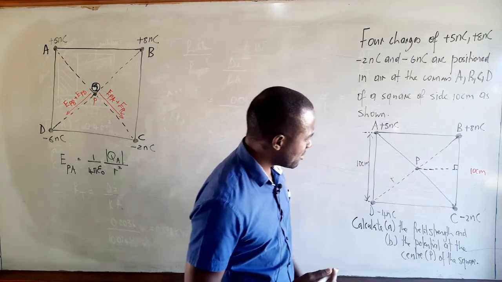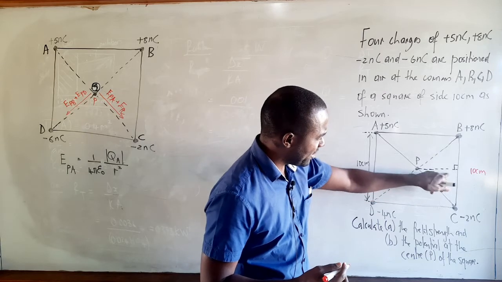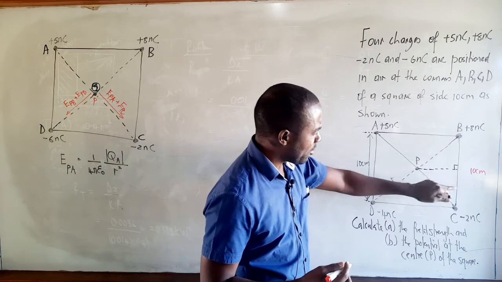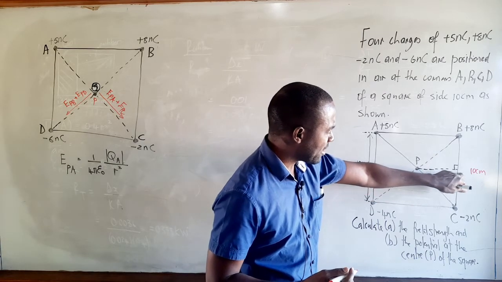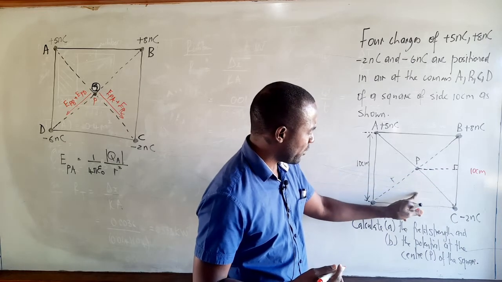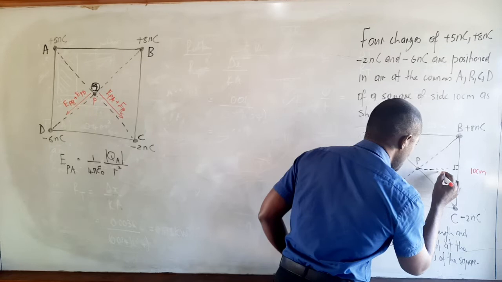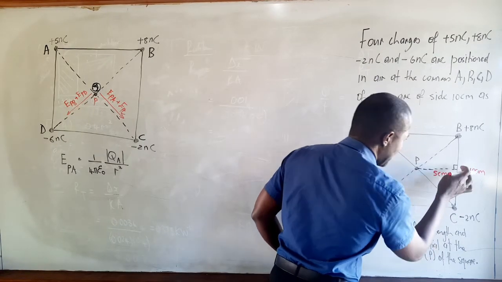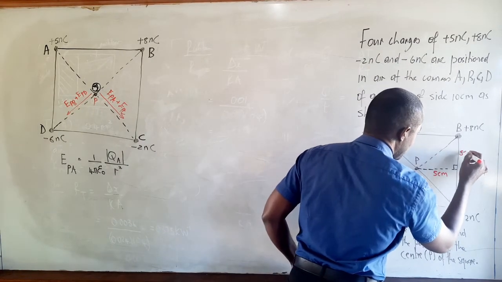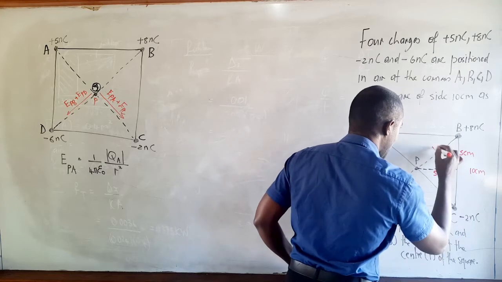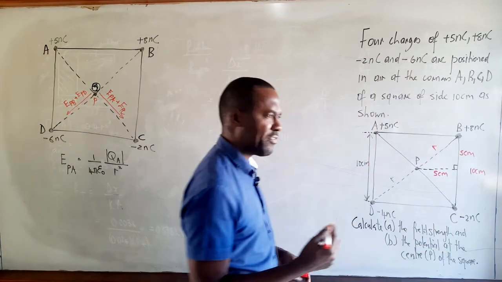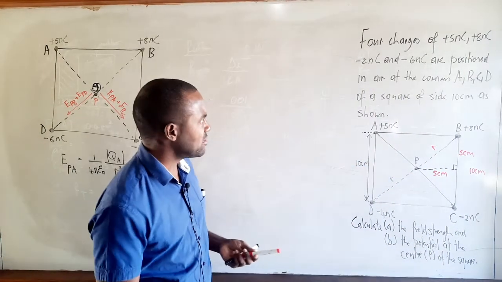Here we see a horizontal dotted line, which meets the side at right angles. This is the center of the square, and if the square is of side 10 centimeters, then this is going to be 5 centimeters, and this also is going to be 5 centimeters. So we can find r by using Pythagoras' theorem.